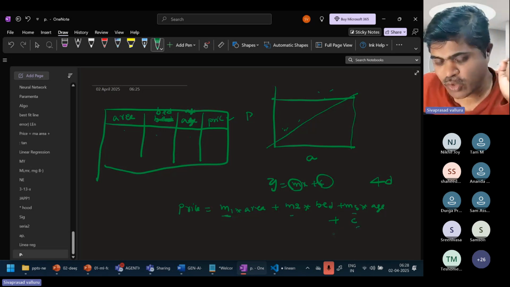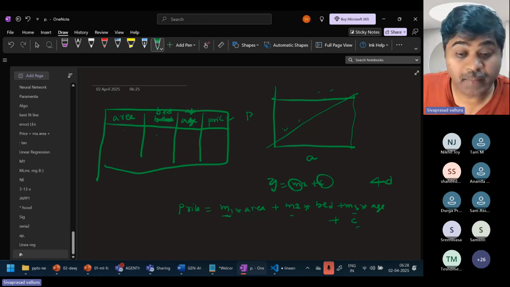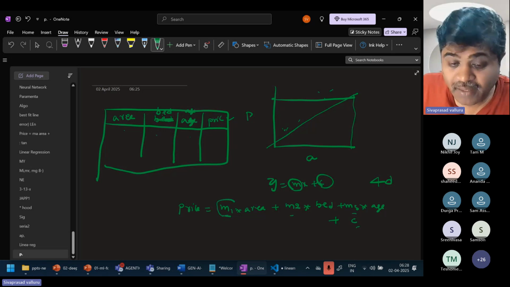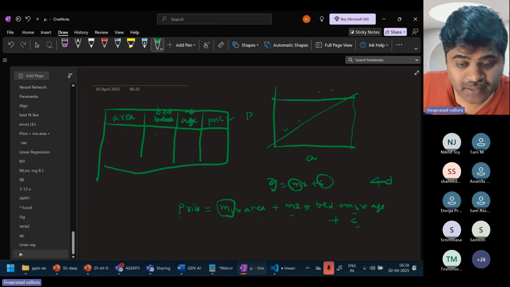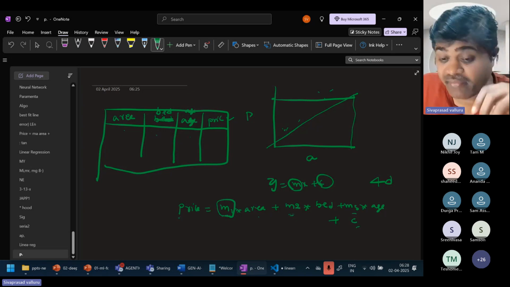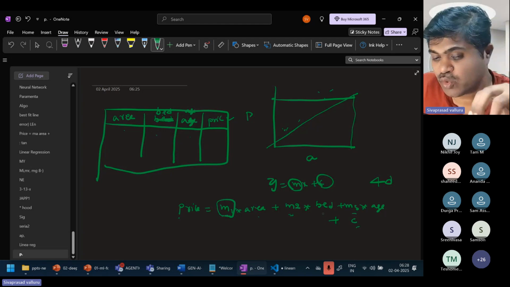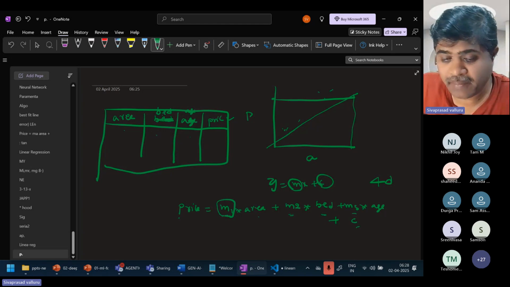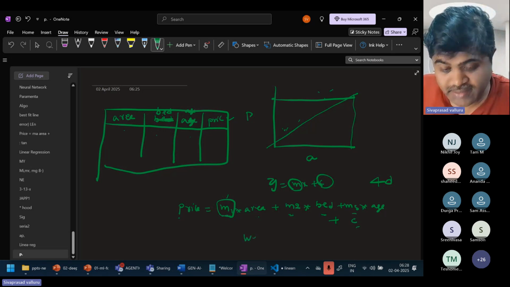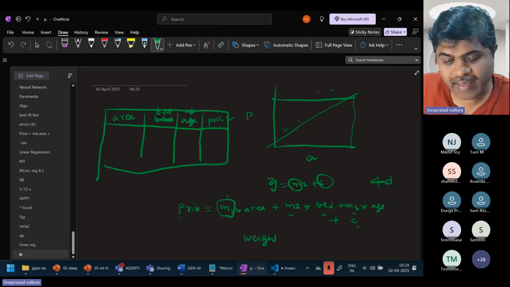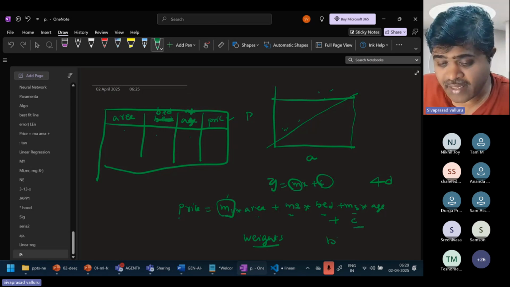Yesterday I told you clearly how to think about it. M1 is nothing but the weightage we give to area while predicting the price. M2 is the weightage we give to the number of bedrooms, like that. These M1, M2, M3, we can call weights. And in machine learning terminology, this C we call bias.